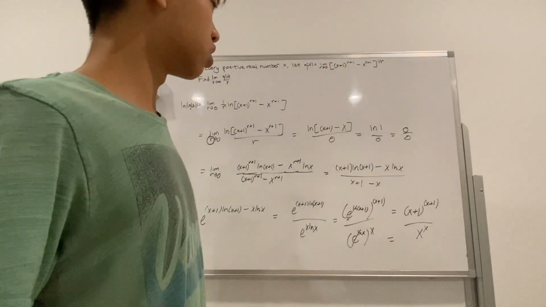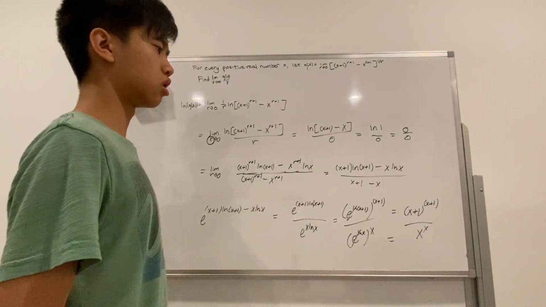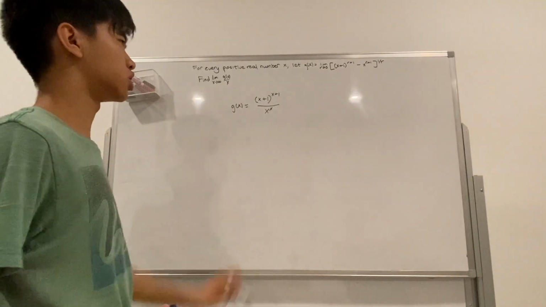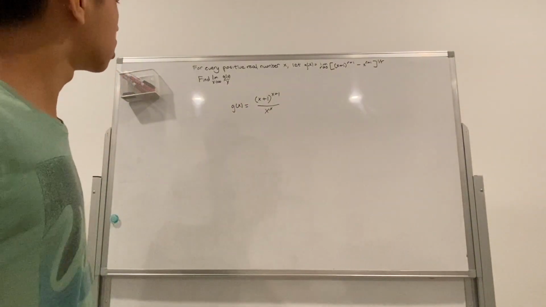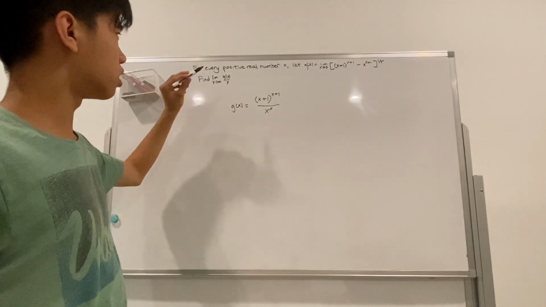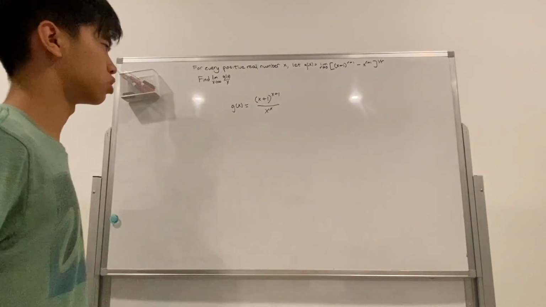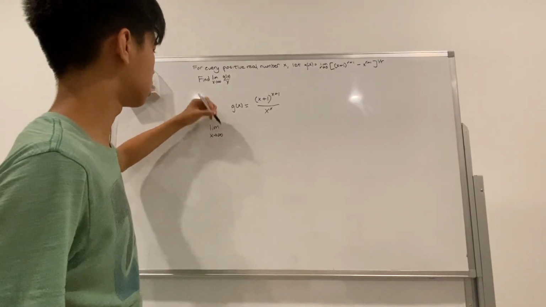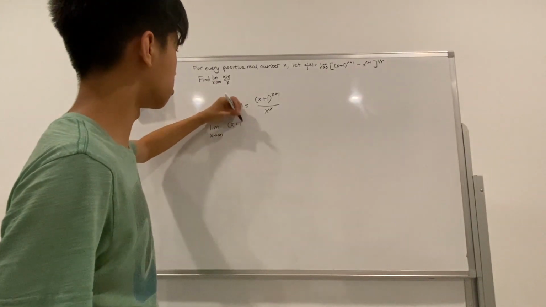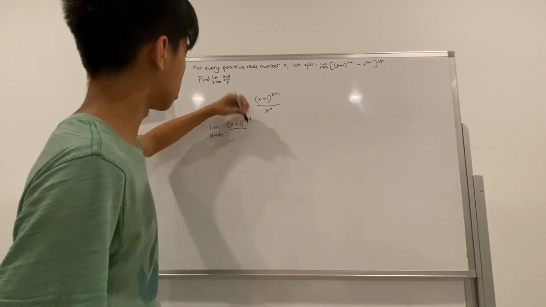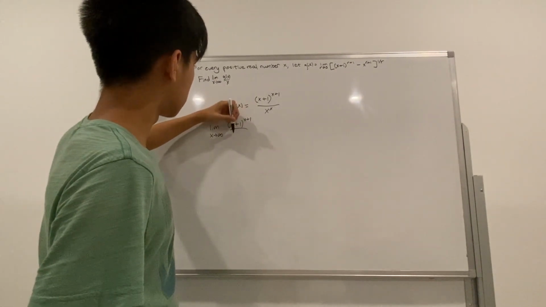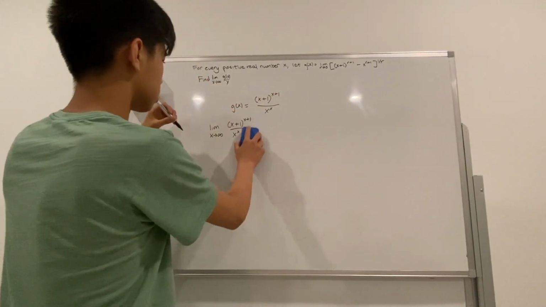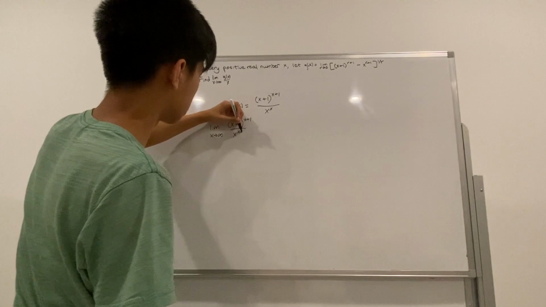Now this may look somewhat familiar as a limit. We have this as g of x now, so we're trying to find the limit of g of x over x as x approaches infinity. That's x plus 1 to the x plus 1 power over x to the x times x, or actually x to the x plus 1 power.